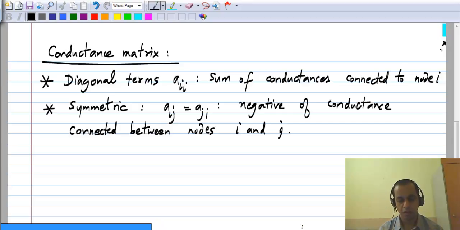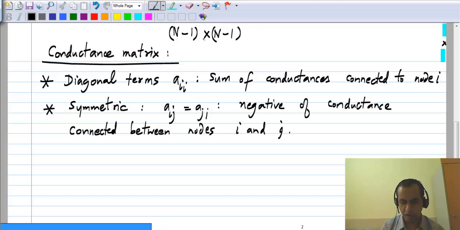Okay, so this is the structure of the conductance matrix. Let me also add that for an n node circuit, the conductance matrix will be n minus 1 times n minus 1. It's a square matrix.